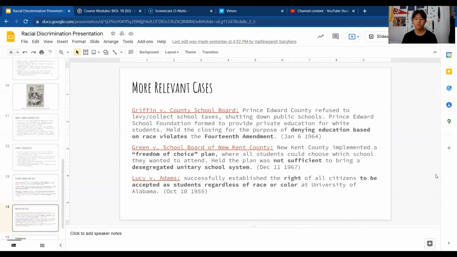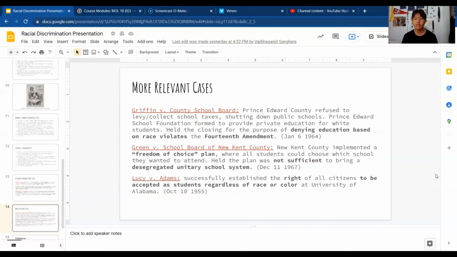County School Board, where Prince Edward County refused to levy or collect school taxes and shut down public schools. But the Prince Edward School Foundation was formed, which just provided education for white students. Ultimately, this was found to violate the 14th Amendment, because it denied education based on race.